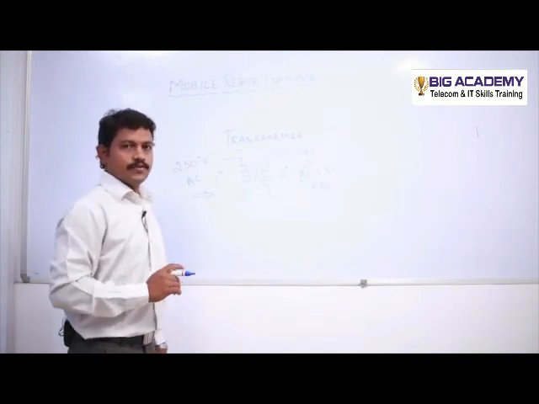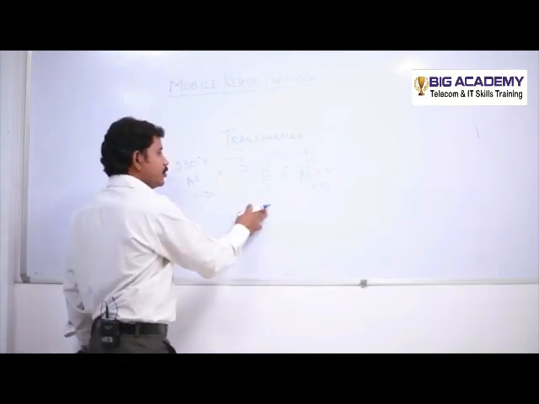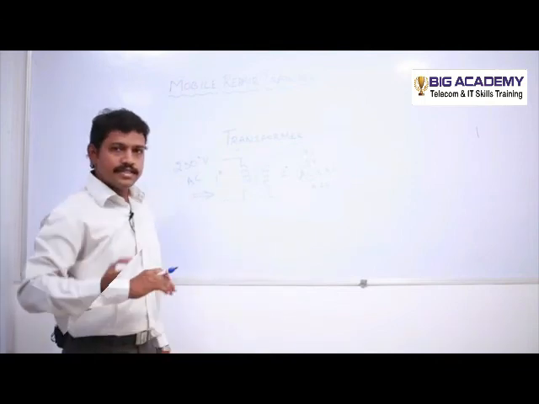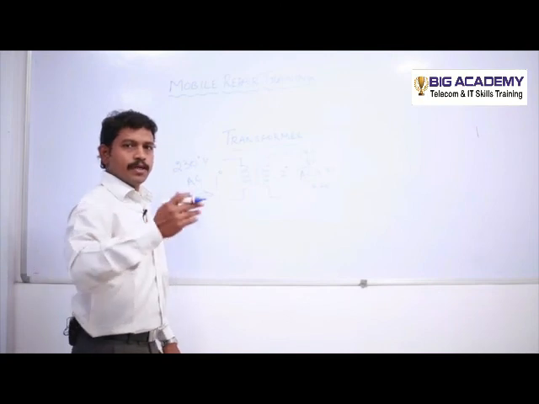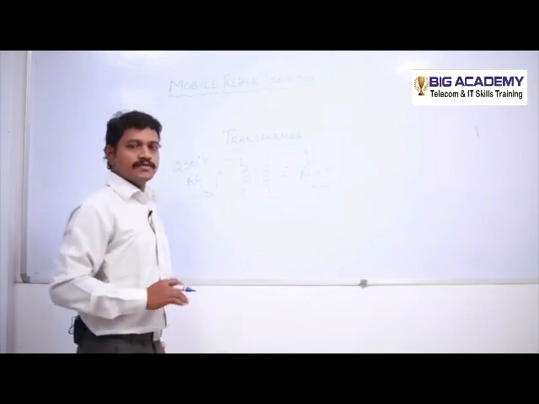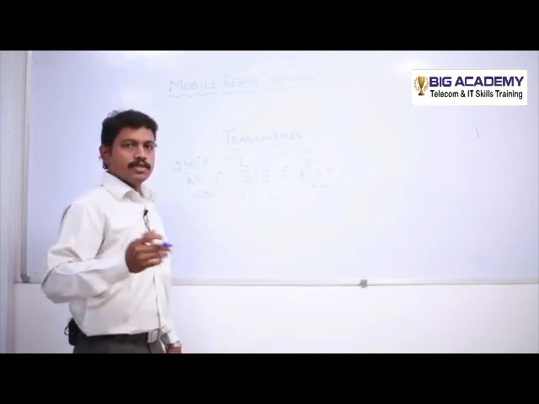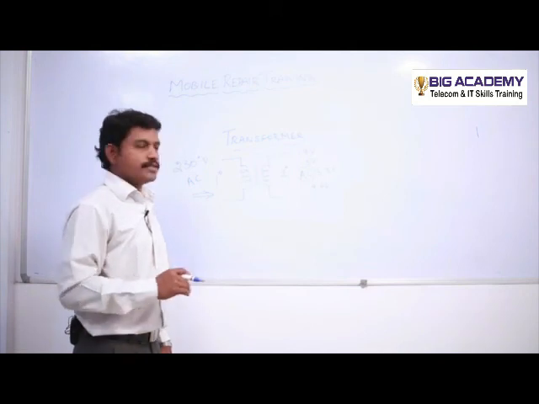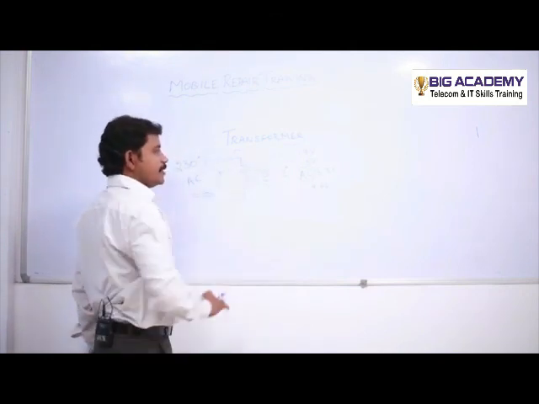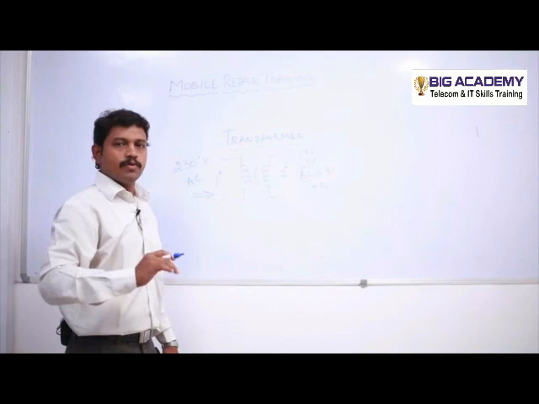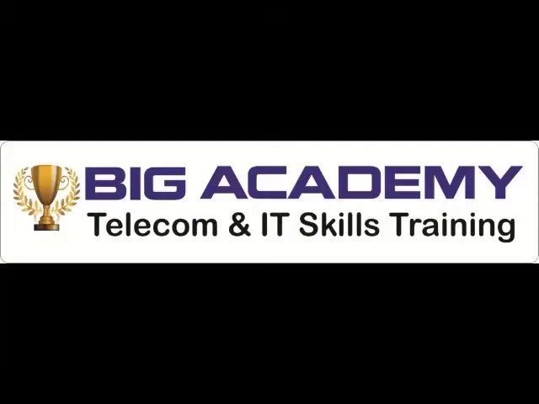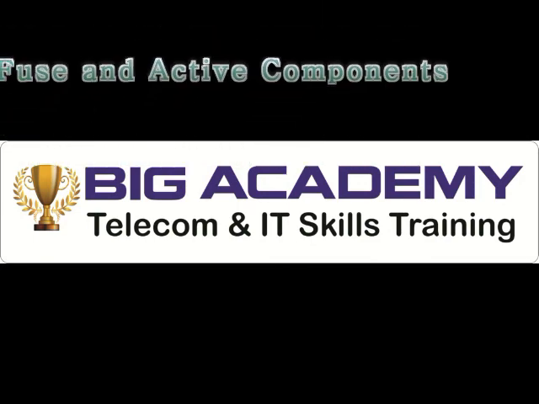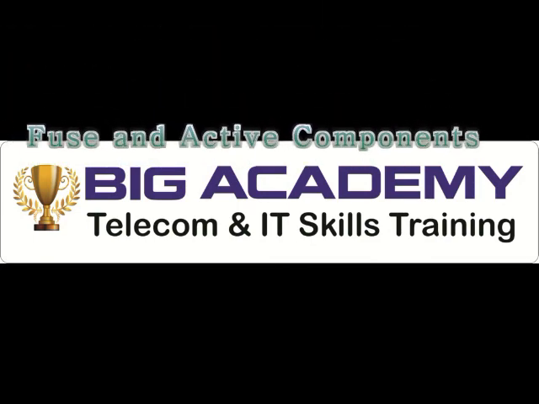That is called a transformer, and it can be used in adapters where you want to step down or step up the input voltage; some different transformers are used. That information is not required for us. So this is the basic information we require for our own service. Basic knowledge. And next we'll see about the fuse and active components.